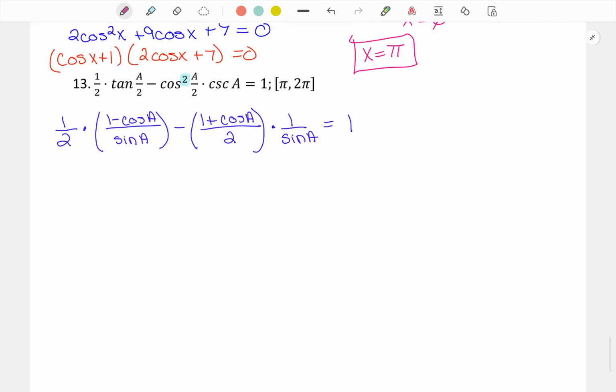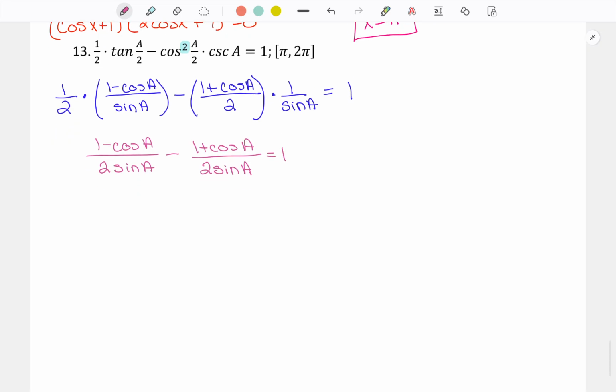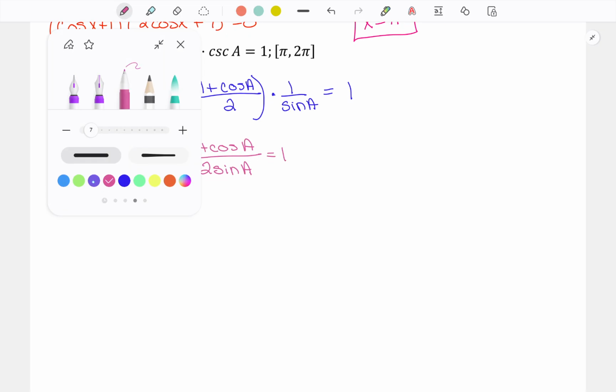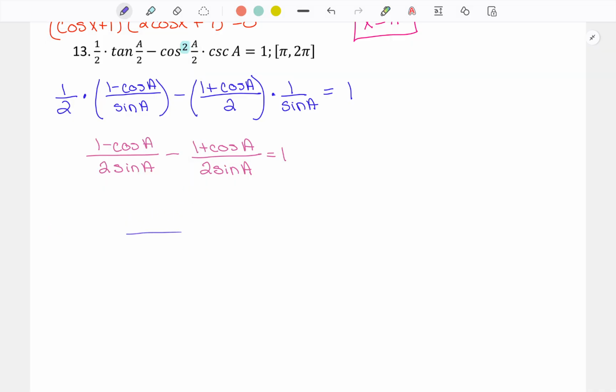So when I multiply, I've got 1 minus cosine a over 2 sine a minus 1 plus cosine a over 2 sine a equals 1. Since I have a like denominator, I can put these two fractions together. So we have 2 sine a on the bottom.